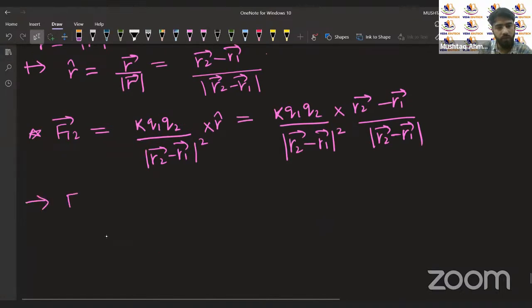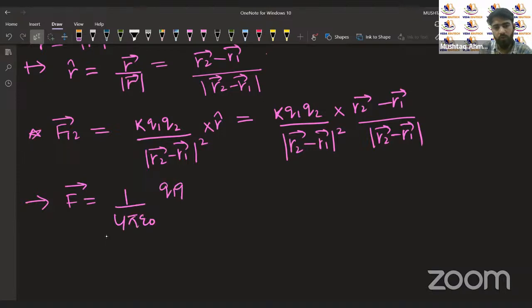So we'll be left with force F vector, that's nothing, 1 upon 4 pi epsilon naught q1 q2 upon r2 minus r1 cube into r2 minus r1 vector.